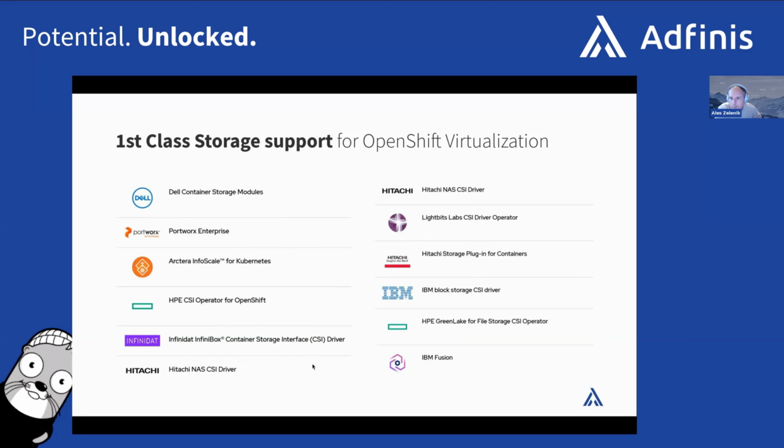Okay, so all those storages that you have here, this is a list generated from the Red Hat support page. If you see any of those on that list and you identify something that you already use, you can be sure that it has support for OpenShift virtualization that allows you to run all the workloads and use all the capabilities for them.